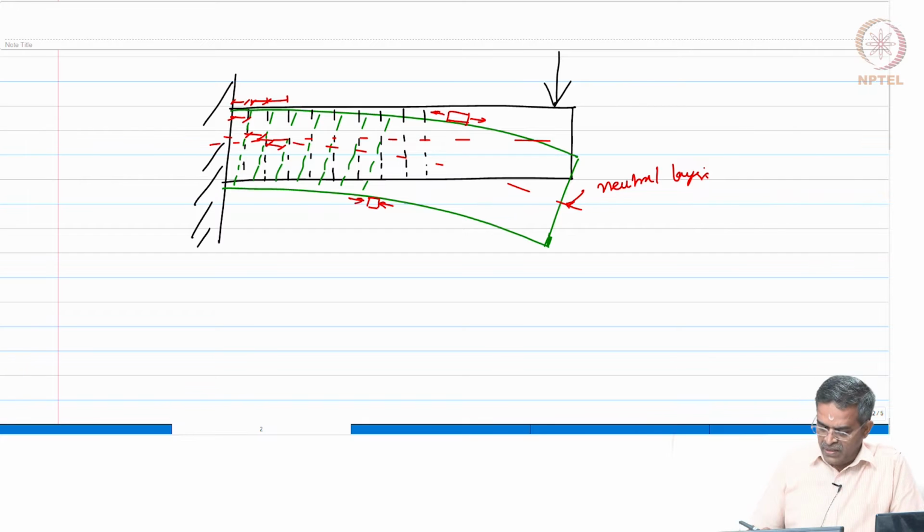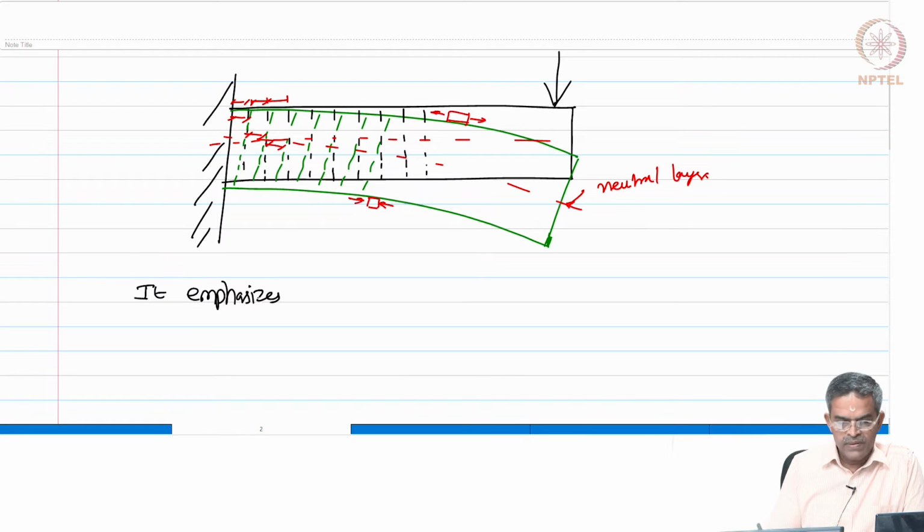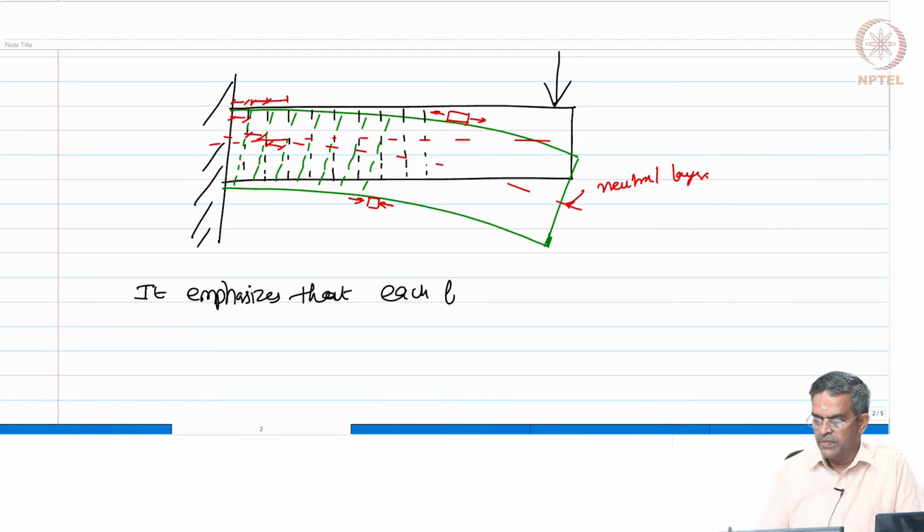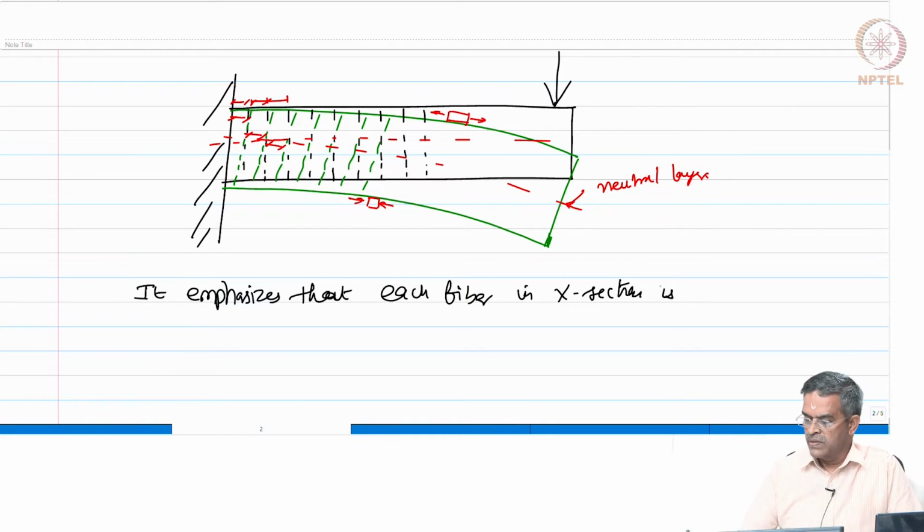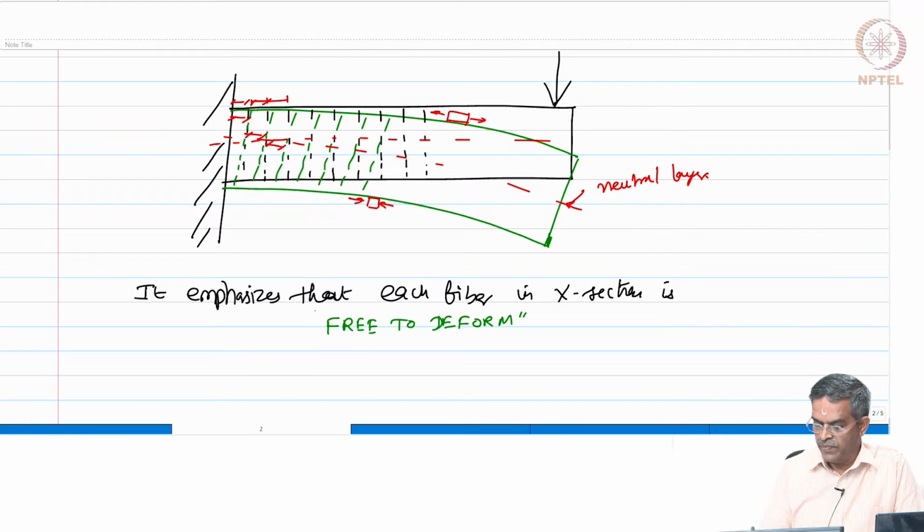It emphasizes that each fiber in the cross section is free to deform, there is no restraint on them, independently.